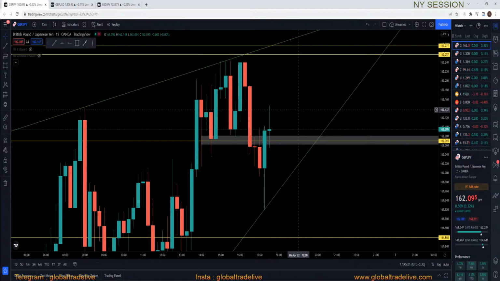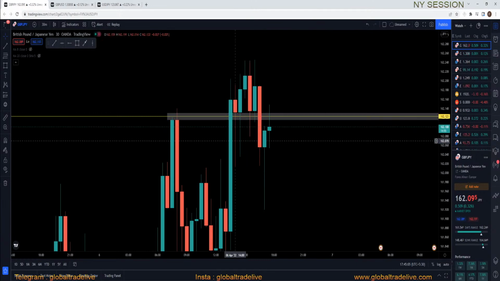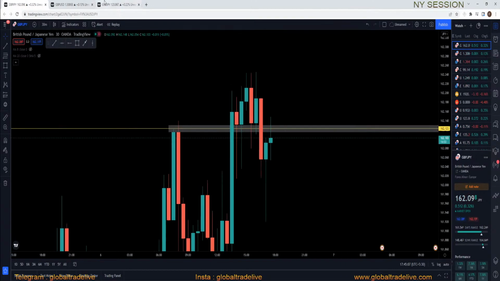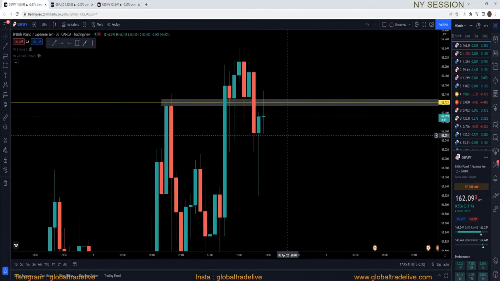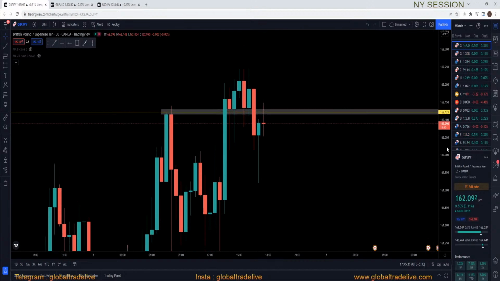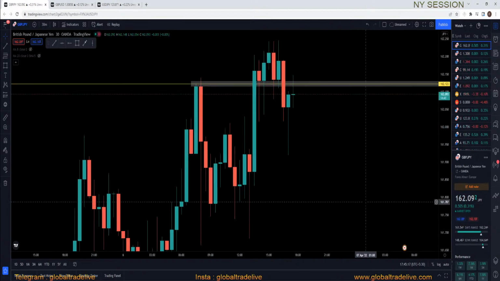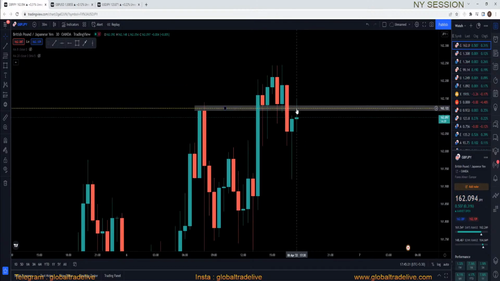So I saved around 5 pips in this trade, and now I'm gonna stay out of this over here, because now the market can reverse back from this point. Because this is a strong level of resistance over here.